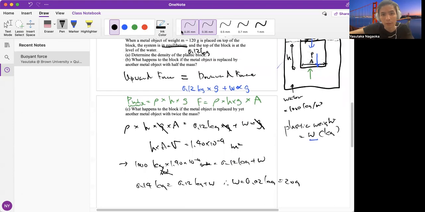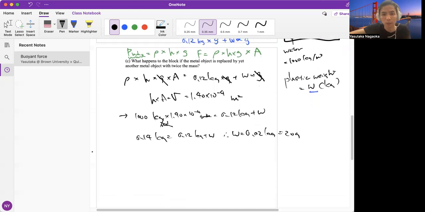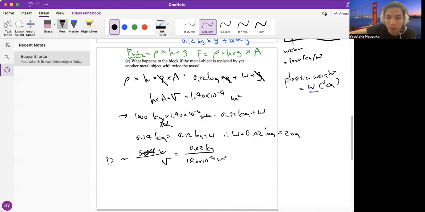And the question is to determine the density of the plastic block. So you have to get the density. Density equals W divided by V, and W is 0.02 kilogram, and V is this number, 1.04 multiplied by 10 to the negative 4 meter cubic.